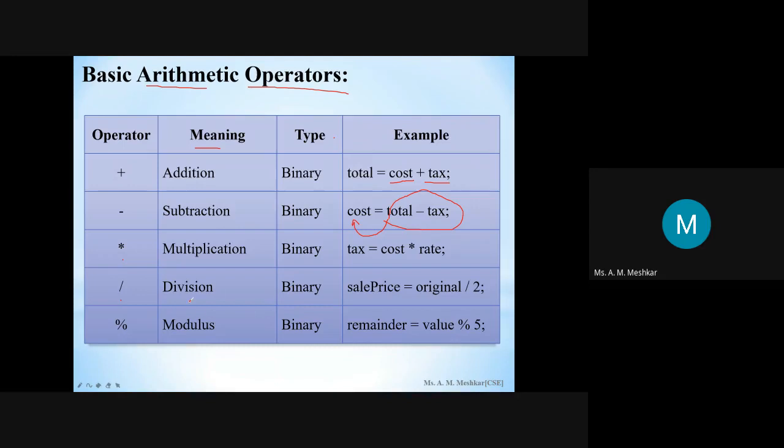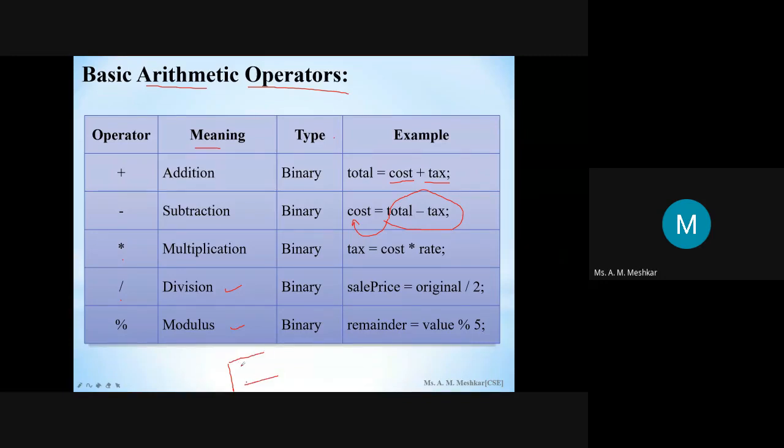And remember, I would like to tell you the difference between division and modulus operation. What does division return? Yes, it returns the quotient part. As you know, when we divide, we have four kinds of components in the division operation.